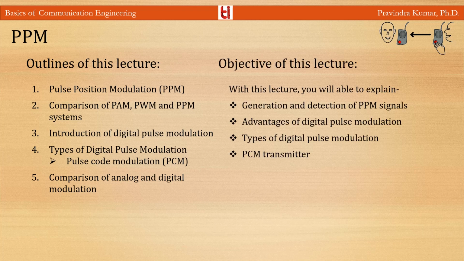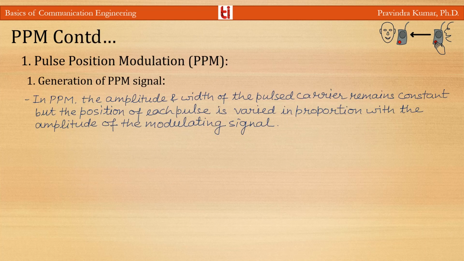In the objective of this lecture, you will be able to explain the generation and detection of PPM signals, advantages of digital pulse modulation, types of digital pulse modulation, and the pulse code modulation transmitter. First of all, we will start with the generation of PPM signals.